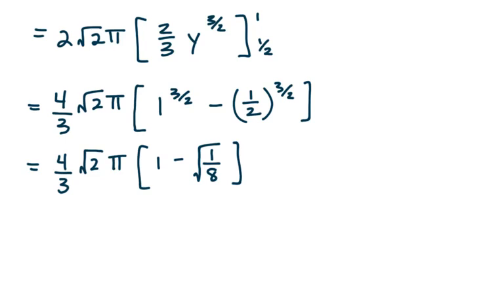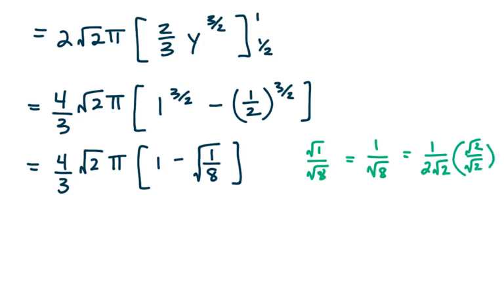So just this piece right here, I'm going to do with some scratch work. That would be like the square root of 1 over the square root of 8, which is 1 over root 8. And that, of course, simplifies to 2 root 2. Multiplying by 1, root 2 over root 2 gives me root 2 over 4.